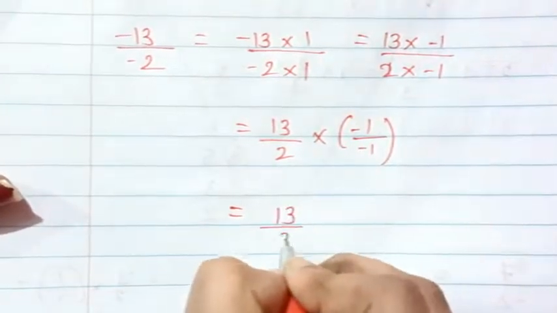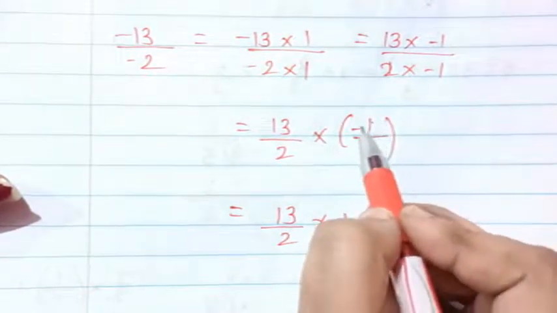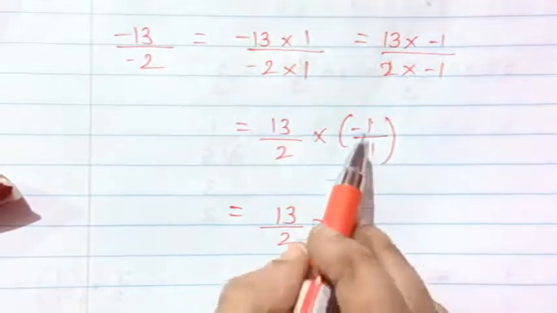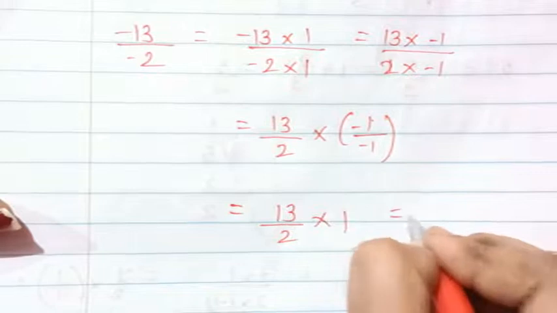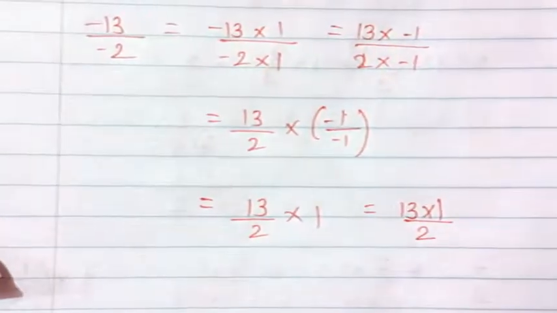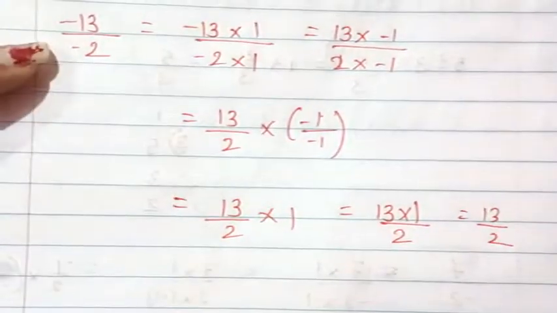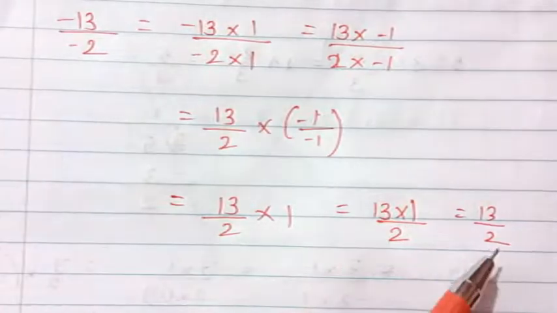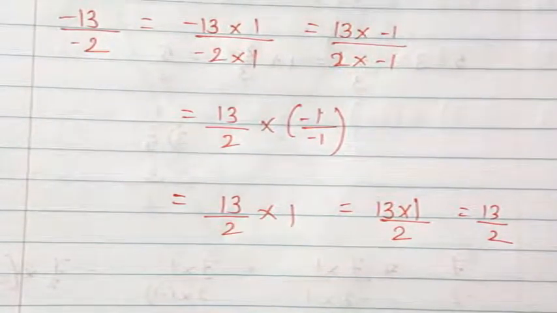So that is 13 into 1/2, which is equal to 13/2. So you saw, both were negative and we converted them to positive. Is it clear how you are supposed to convert it?